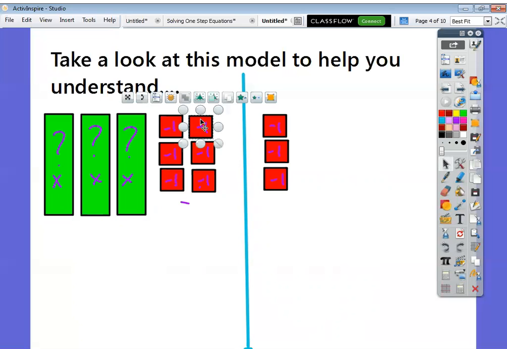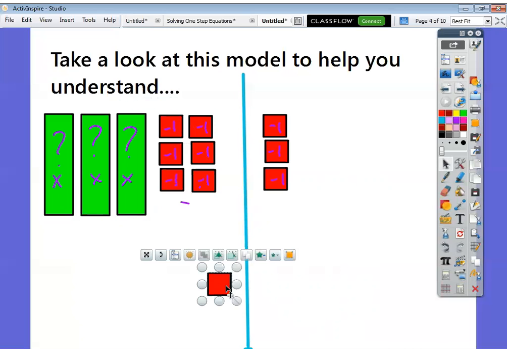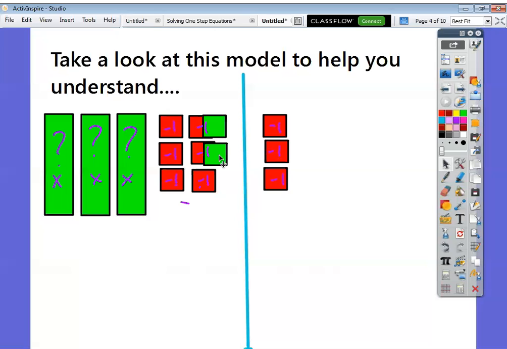So in order to cancel out a negative, I know that I am going to have to zero it out. So I am going to use a green one, which is a positive, because that will cancel those out. So I'm going to pair up all of these here. Okay, all right.